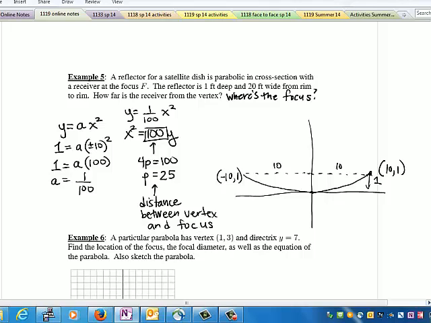So the receiver is 25 feet from the vertex. And the location of the focus would be 0, 25.